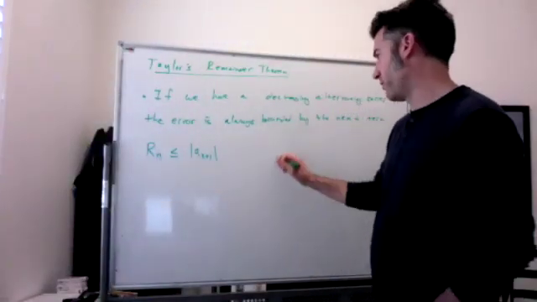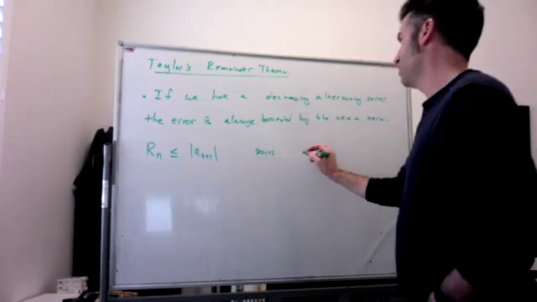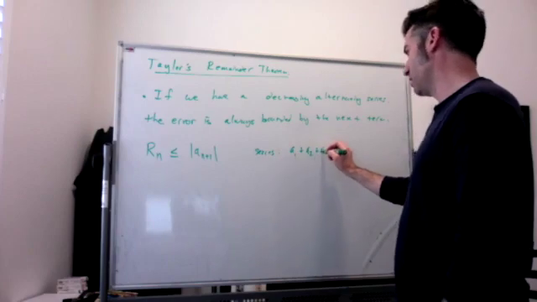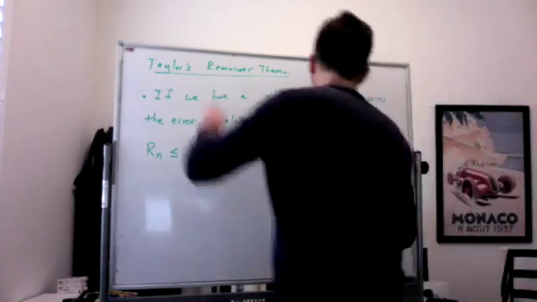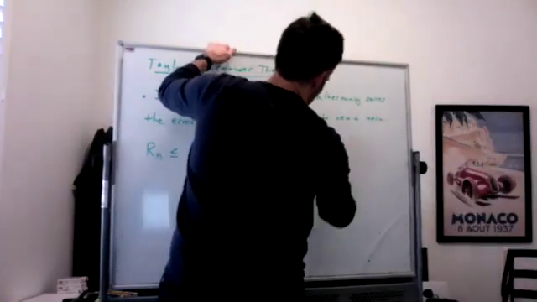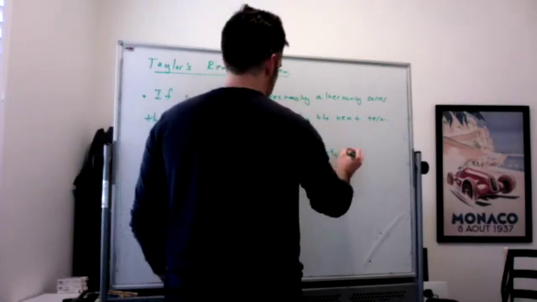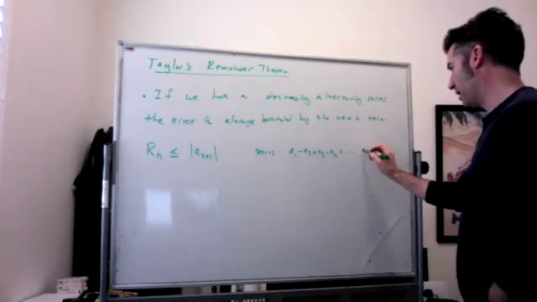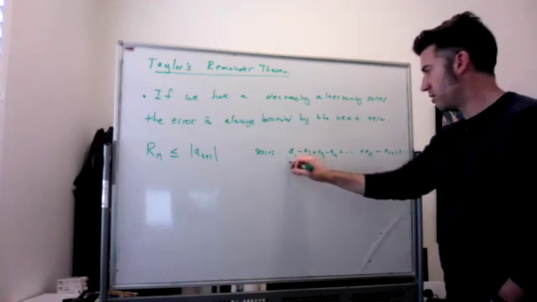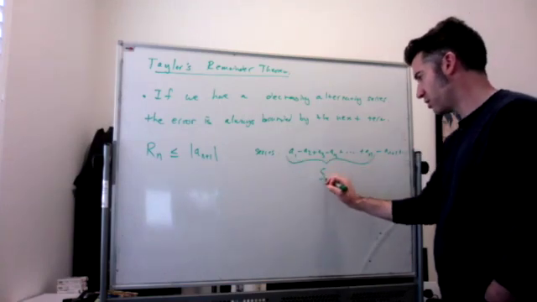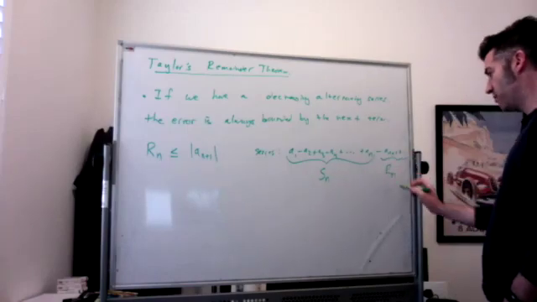Your series is a1 minus a2 plus a3 minus a4, up to some an term. The first n terms are called your nth partial sum. And then the step after that, that's your Rn.